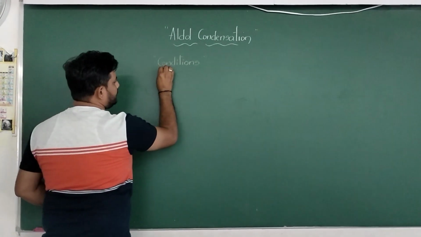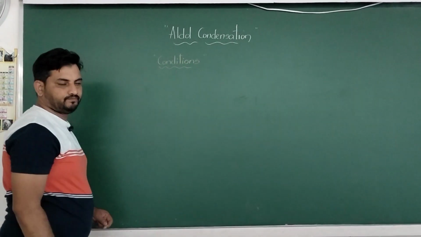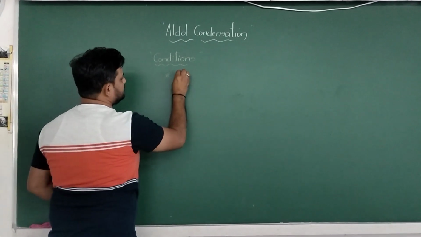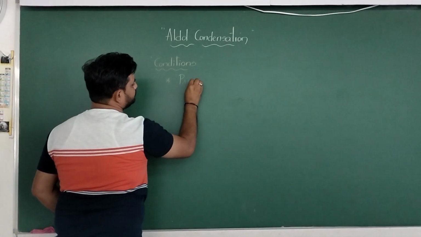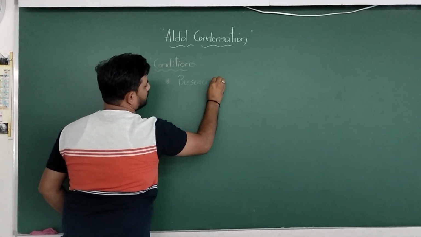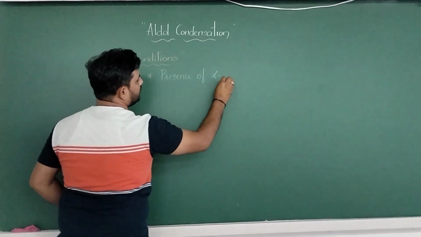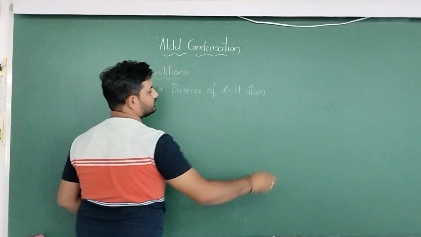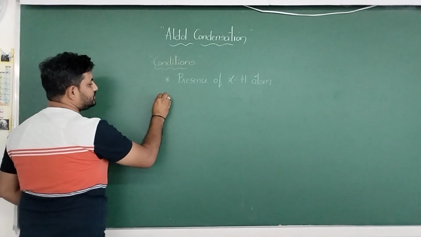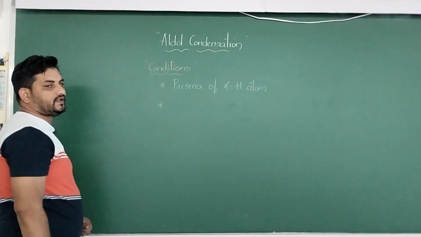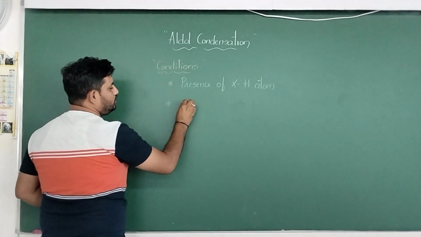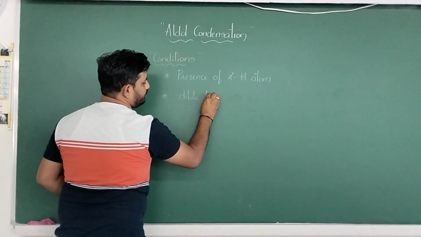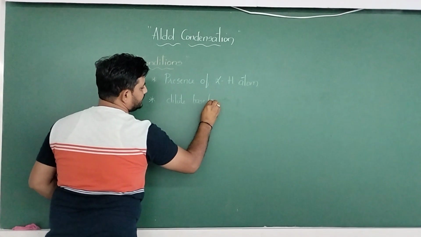The first and foremost condition is the presence of an alpha hydrogen atom. And the second condition is, for an aldol condensation to take place, we need to use a dilute alkali, dilute base, or I can say dilute alkali.